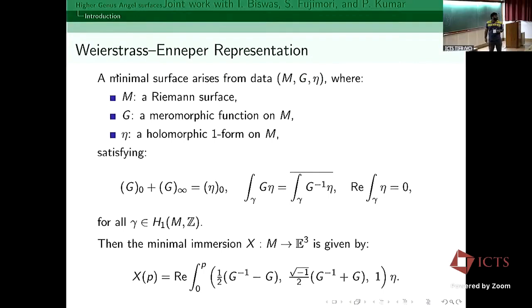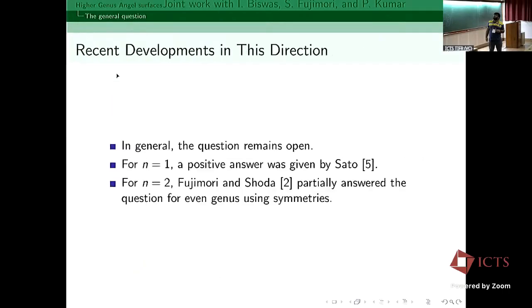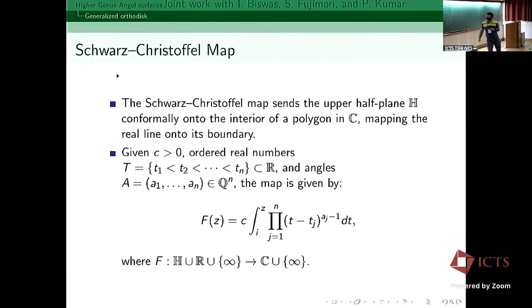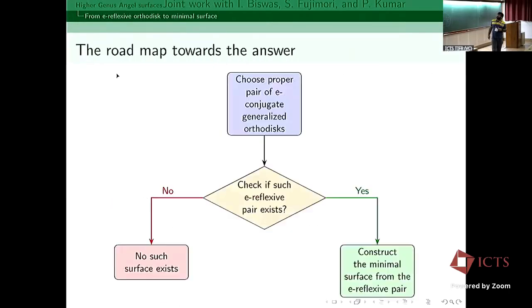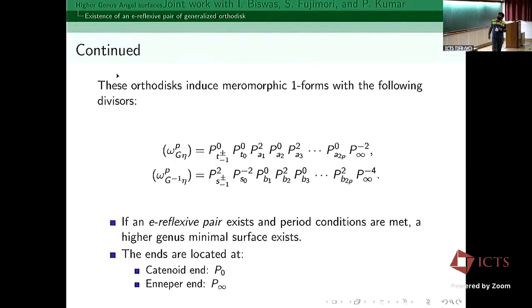If we can hold this condition, there will be no branched minimal surface. This could be determined using these forms, the forms I have just shown you. If you carefully choose these forms, there won't be a branched minimal surface. Okay, thank you.